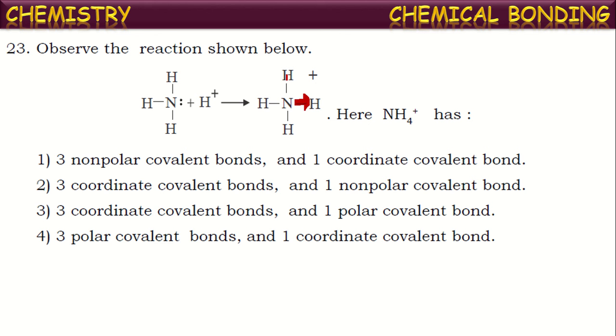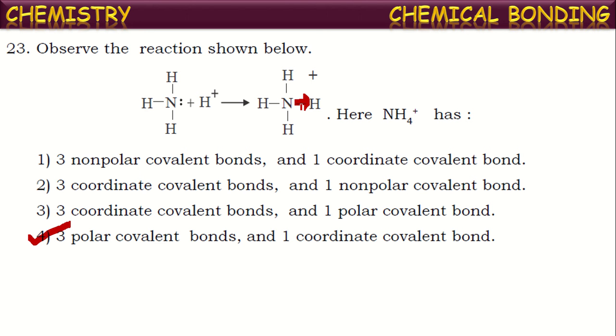With the three hydrogen atoms, it has already formed three covalent bonds. With the newly coming H plus ion, it forms a dative bond or coordinate covalent bond. What we can say is NH4 plus has three polar covalent bonds and one coordinate covalent bond. This is correct because these are formed between two different atoms. They are polar covalent bonds. So there are three polar covalent bonds and one newly formed coordinate covalent bond or dative bond.